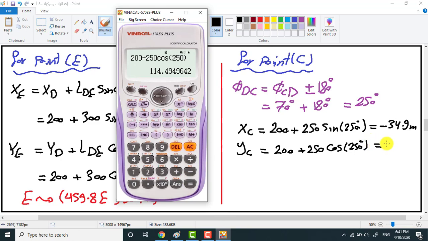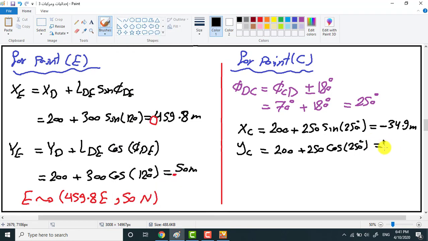This result equal 114.55 meter. So the coordinates of point C is 34.9 meter to the west. Why to the west? Because the sign here is negative, and 114.55 meter to the north.